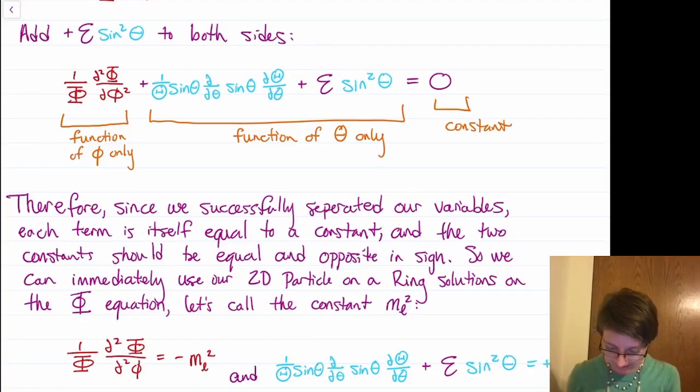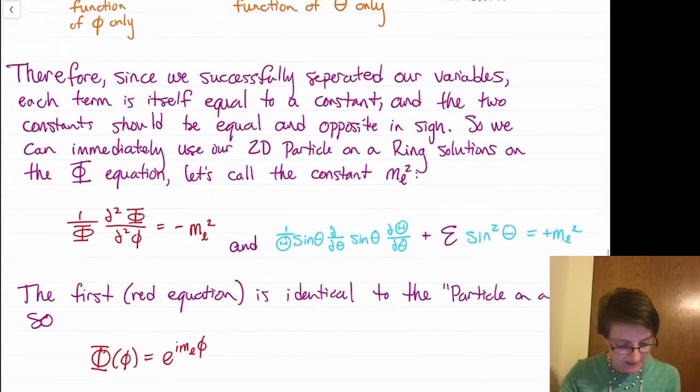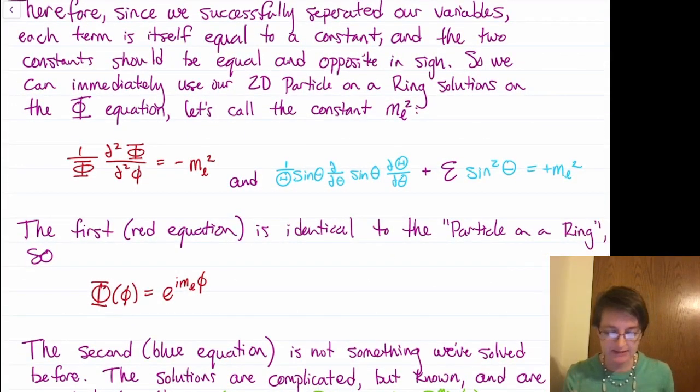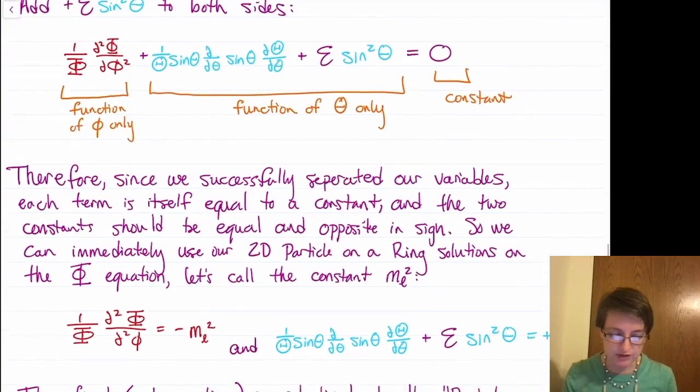So my red function now says that that piece is equal to a constant, negative m_l squared, and my blue piece is also equal to a constant, positive m_l squared. And we needed one of those to be negative and one of those to be positive, such that when I add up blue plus red, that gives me back 0, which is what my initial expression told me that the overall constant had to be equal to.